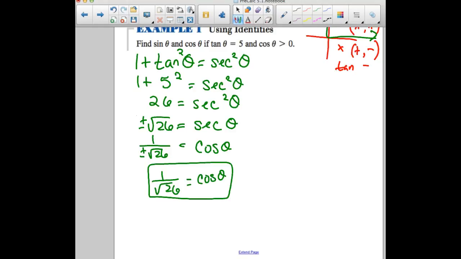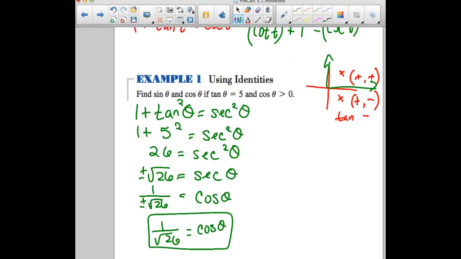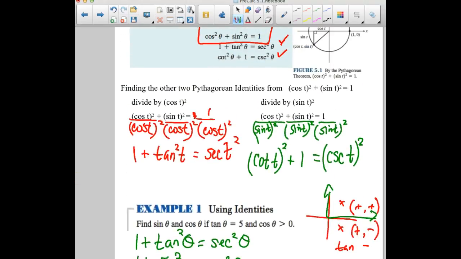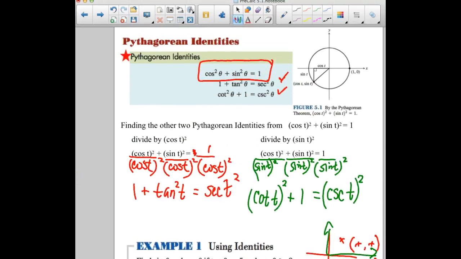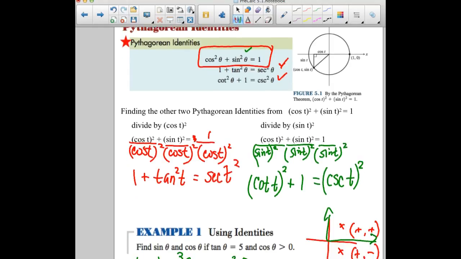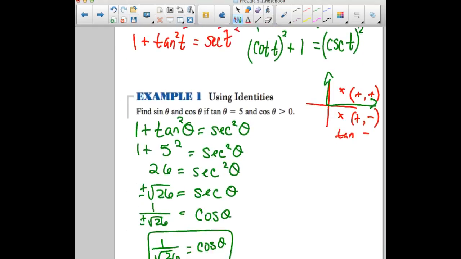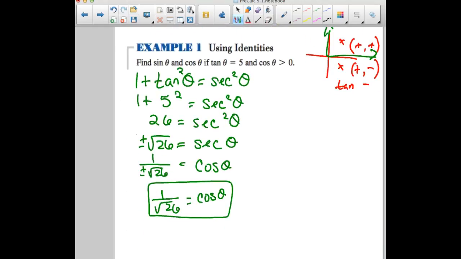Okay. Now, to find the sine, there's a couple options. We can go back and use one of our other trig identities. We could pick cosine squared plus sine squared equals 1. Now that we know what cosine is, we could plug it in right there and solve for sine. We also could take our definition of tangent, which was 5, and tangent is sine over cosine.